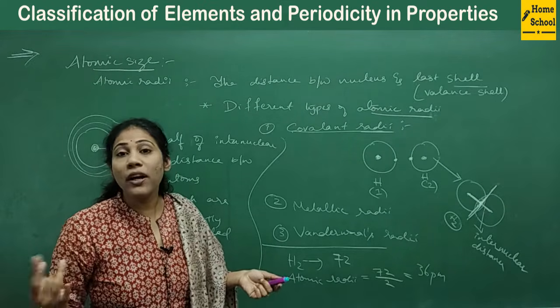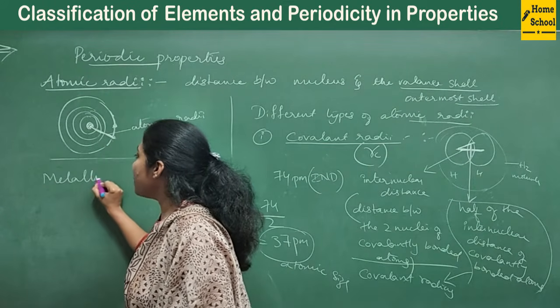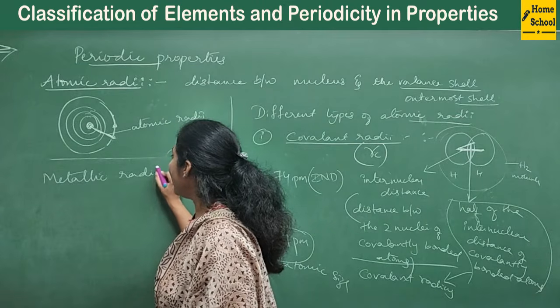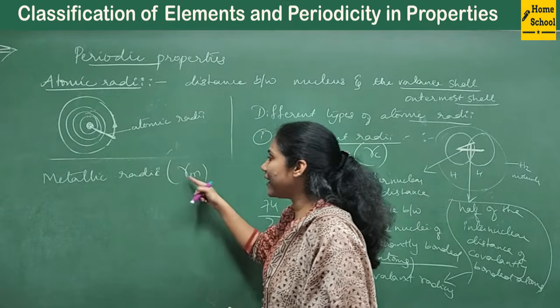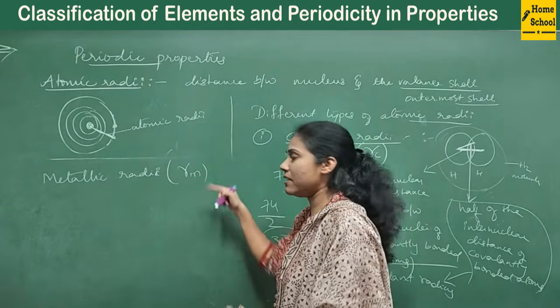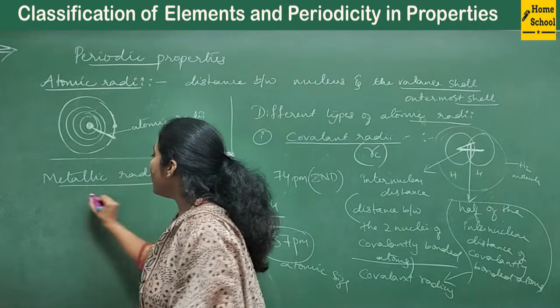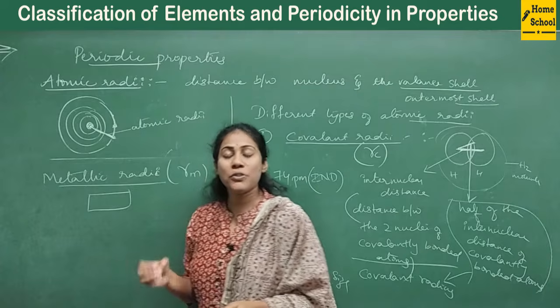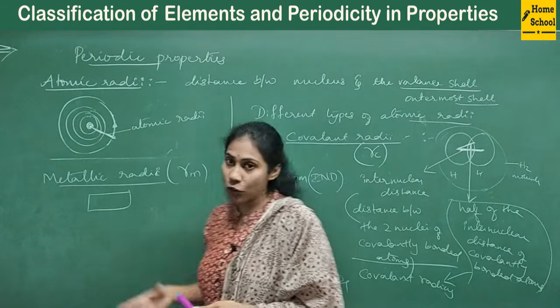Similarly, let's go for the second type of radii, metallic radii. Usually metallic radii is designated with Rm, and covalent radii with Rc, where small r is nothing but radius. When we have metals like iron, copper, silver, these elements have crores and crores of atoms.